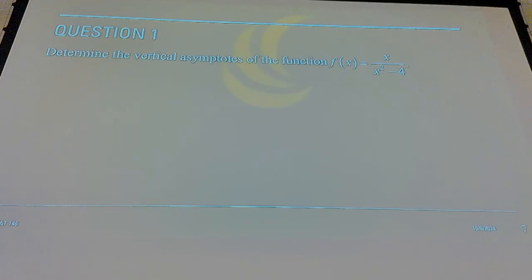So determine vertical asymptotes. For rational functions, you will have a vertical asymptote whenever the denominator is 0, and you can't get rid of it.